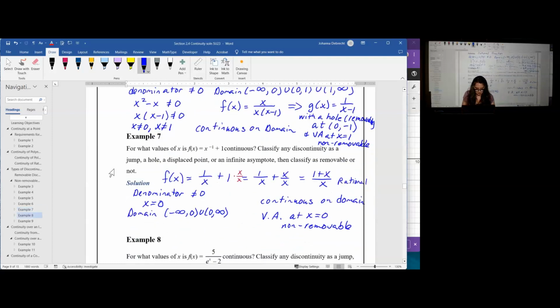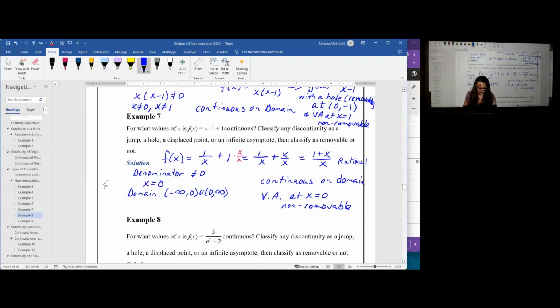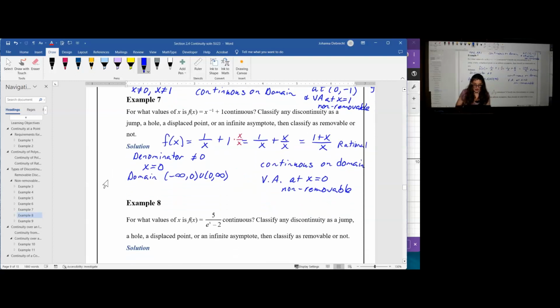Let's look now at example number 7. In example 7, we have this function f of x equals x to the -1 plus 1. It's not clear from the beginning what type of function it is. Go ahead and rewrite x to the -1 as 1 divided by x, since that's what a negative exponent does.